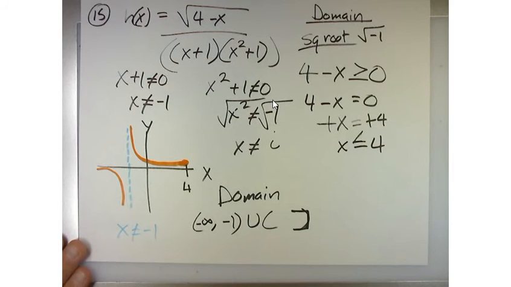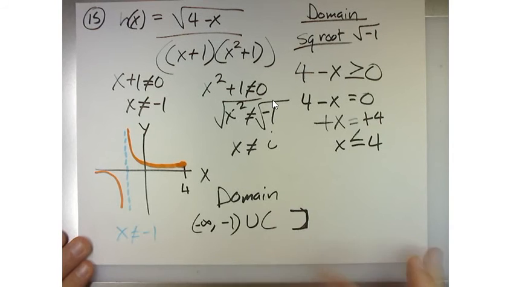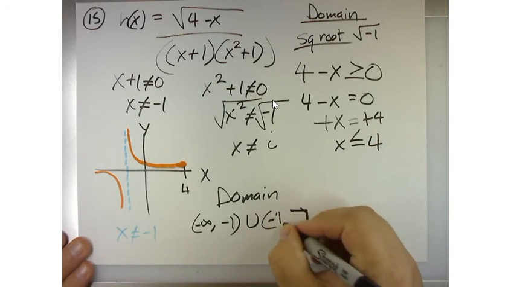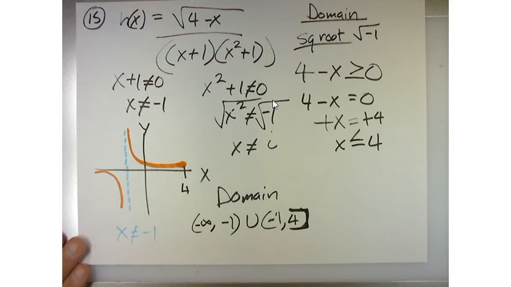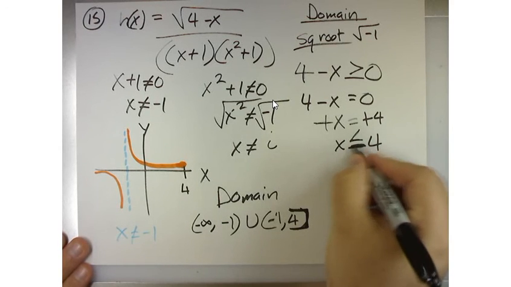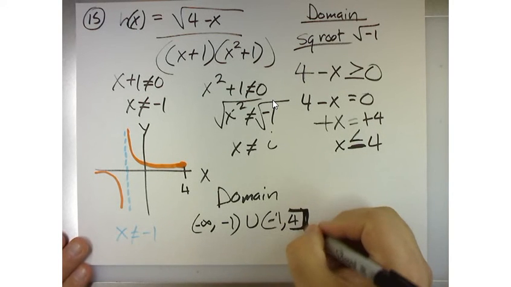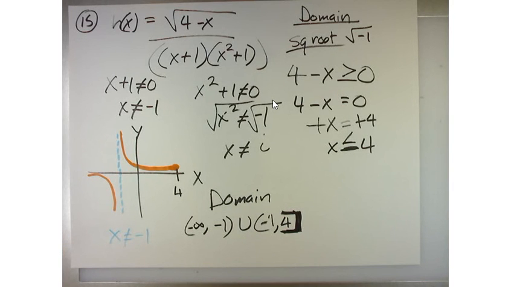No, I can't. What about here? -1, and then 4. Now, why did Mr. Adams put the bracket here with 4? Because we're including it. So let's make that very prominent, that that's a bracket. Any questions on that one?